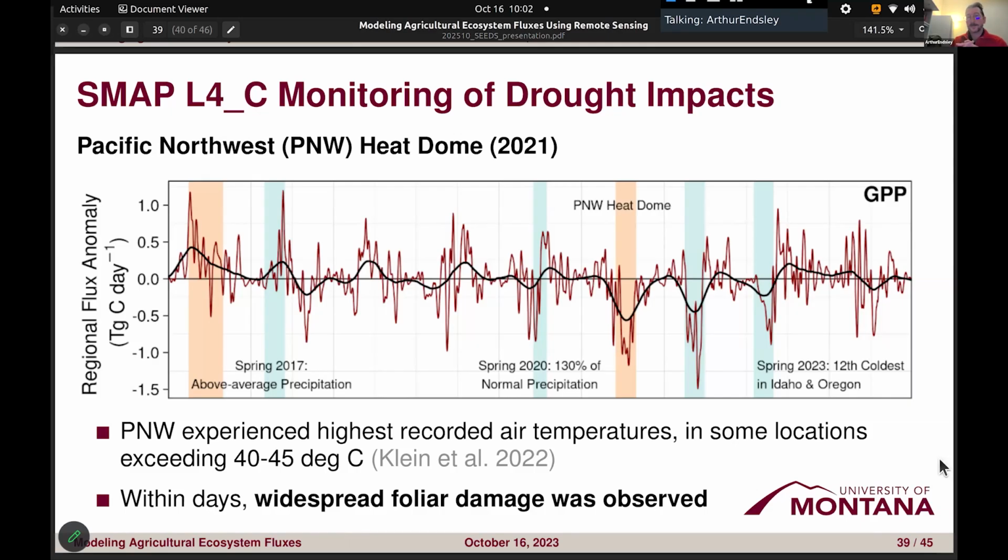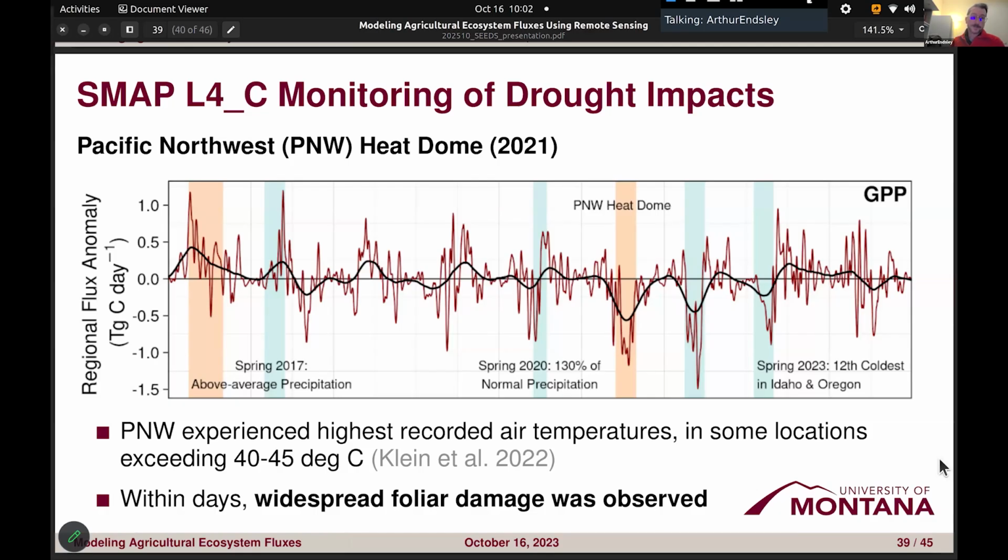Some of you may know that this is actually a temperate rainforest, and I actually spent some time in the temperate rainforest during this extreme heat, and it was very strange to be in a very, very dry temperate forest where the ground below you is completely dry. And many people observed widespread foliar damage in areas where these extreme temperatures were experienced.